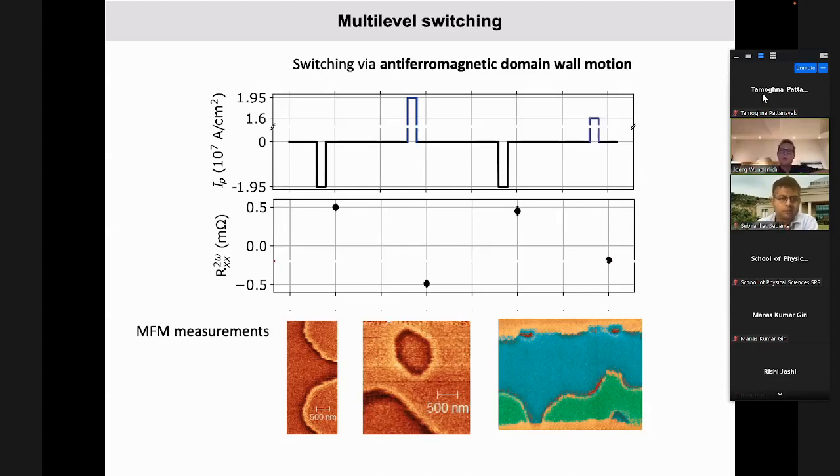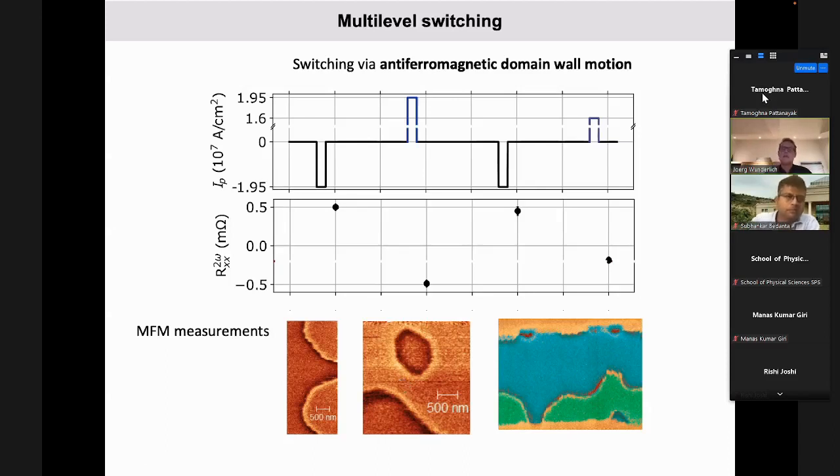Even the domain walls will be in an antiferromagnetic state. They might be slightly charged, because we have this magnetic stray field coming out from those layers at the point where the divergence is non-zero.